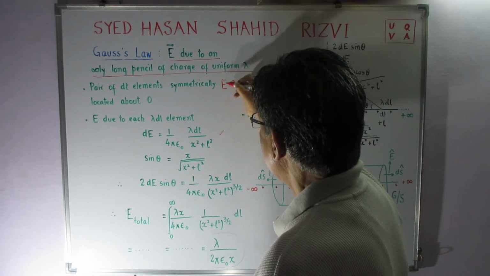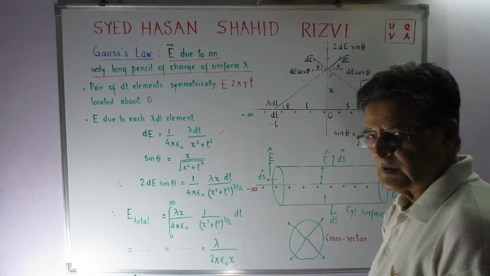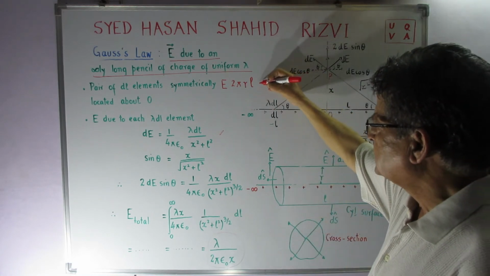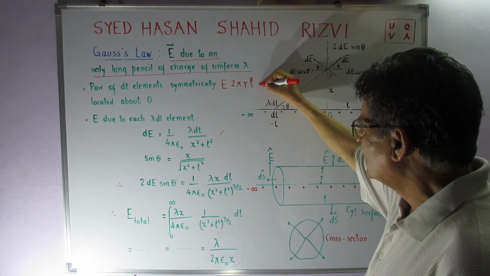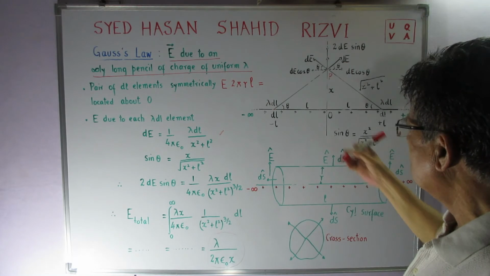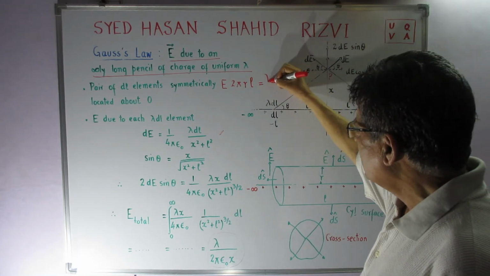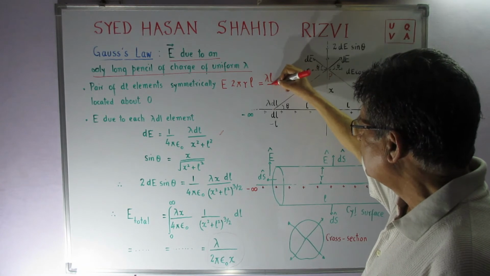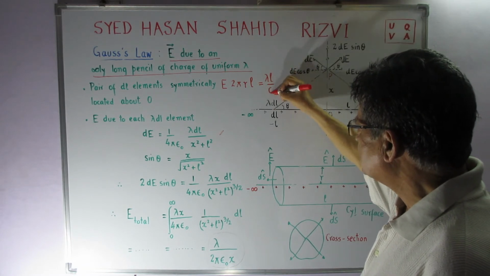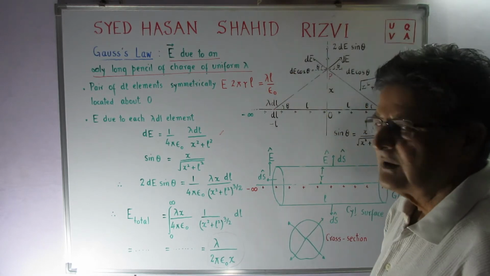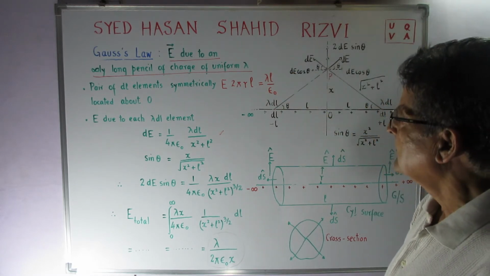Okay, E dot dS is equal to the total charge enclosed, and the total charge enclosed will be equal to lambda into L, divided by our friend from the Gauss law, epsilon naught. And look here, what is going to happen?